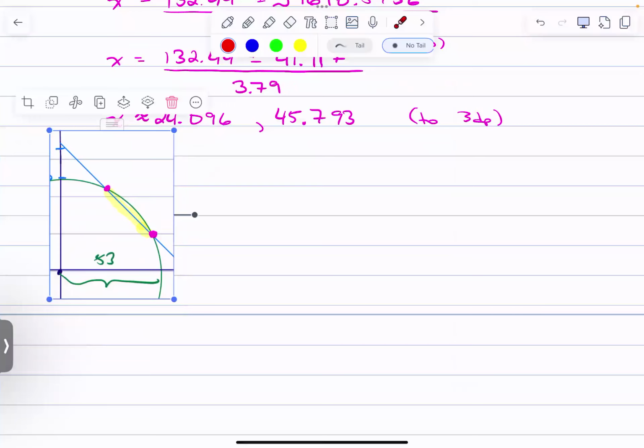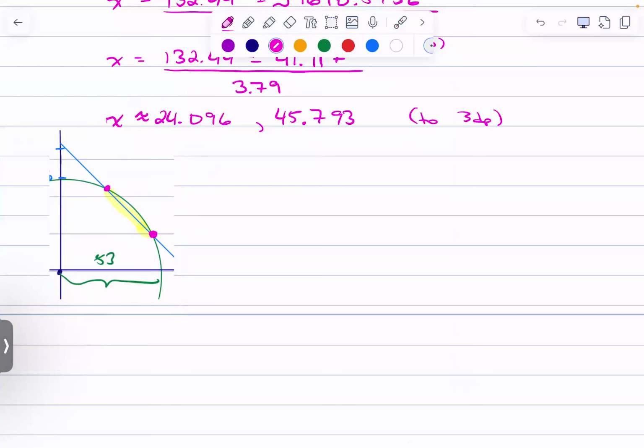What did we find just now? We found that this value of x is at roughly 24.096, and we found that this value of x is at roughly 45.793.